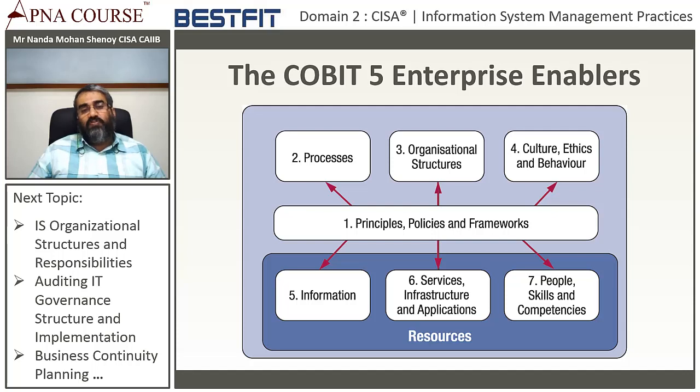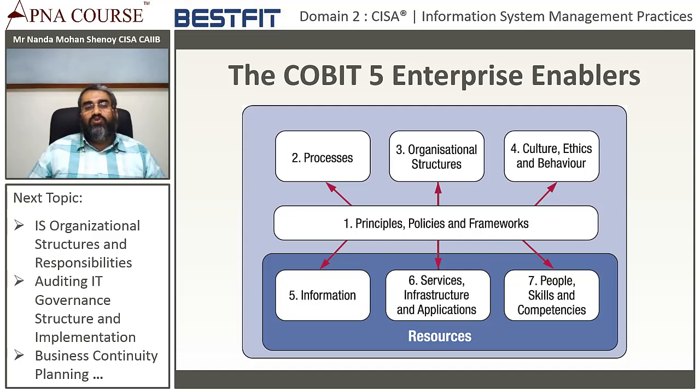Even for the sake of repetition, I have put these slides again and again, so that it gets drilled down into your head. 4 is culture, ethics, behavior. 5 is information. 6 is services, infrastructure and applications. Then you have got people, skills and competencies.